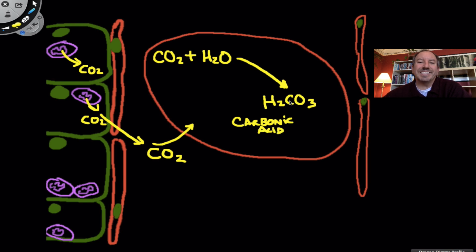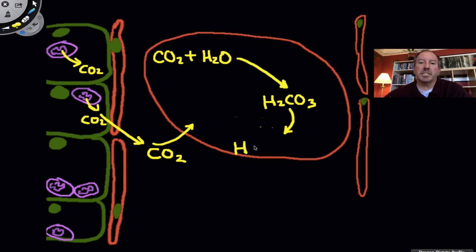And so the reason that this is called carbonic acid is because it has the ability to be an acid, which means to donate its hydrogen ions in solution. And so carbonic acid can, let me get rid of the name of it here so I can get a little bit more space. So this is carbonic acid. Okay, so what's going to happen with carbonic acid is that it's going to dissociate into what's known as bicarbonate ion.